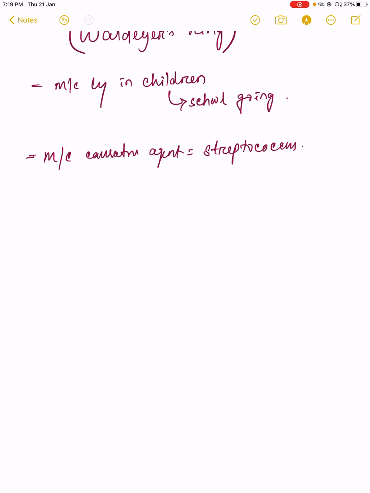Okay, then what is the most classic feature you will see if a patient comes to you? In my ENT OPD, a patient comes, okay, and I see an inflamed or enlarged jugulo-digastric lymph node.